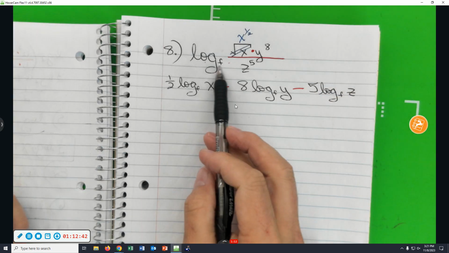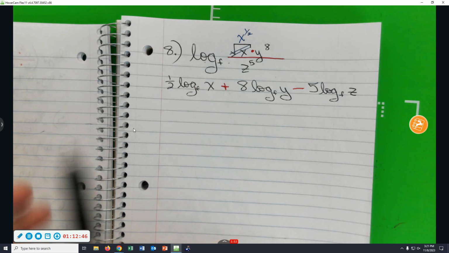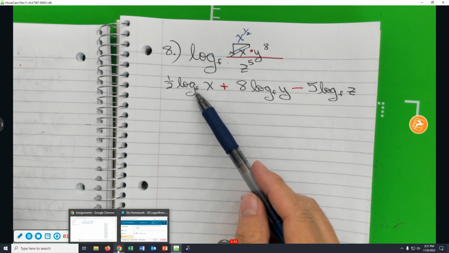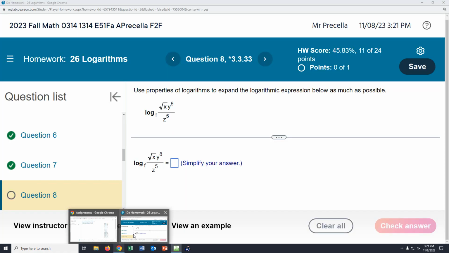Once again, if they show a subscript, you have to type that subscript in your answer. If you accidentally dropped that f, then you would be changing log base f to log base 10, which you can't do.